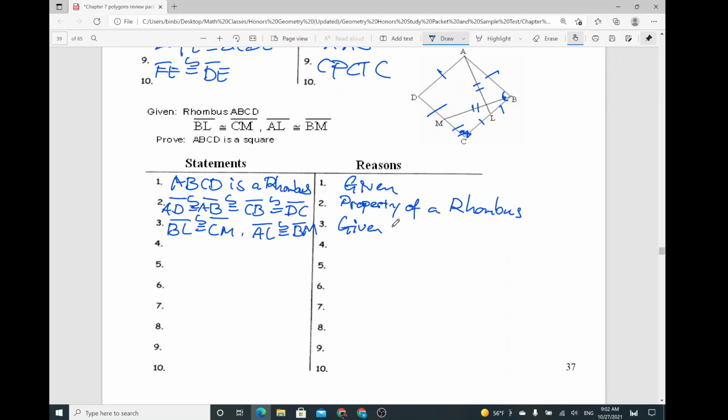If those two pairs of sides are congruent, and also that BC is congruent to AB, then therefore triangle ABL is congruent to triangle BMC. This one is by using SAS.